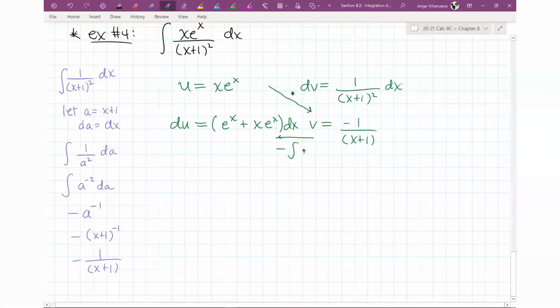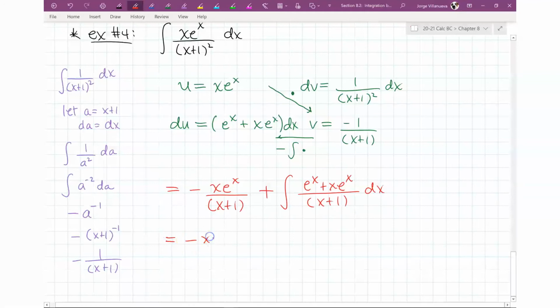So let's go ahead and multiply u times v, and then integrate this product. All right, I think we'll be able to finish in time. We'll see. If we do, I'll put an assignment up for you guys. So the product is negative x e to the x over x plus 1 minus, now v du, it's already negative, so plus the integral of e to the x plus x e to the x over x plus 1. Now, a lot of people say, oh, great, look, you made it worse. Usually when it looks worse, that means you did something wrong. But I can actually factor the top part.